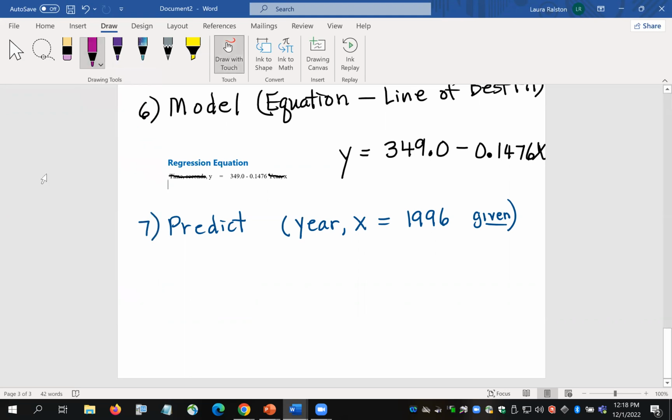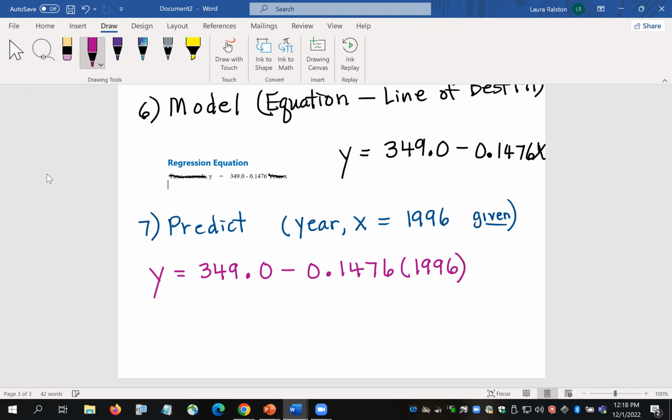So I'm going to plug in. I would have Y equals 349.0 minus 0.1476 times 1996.